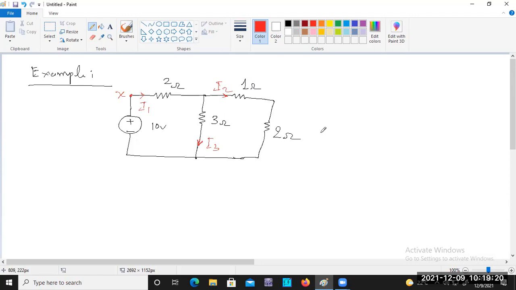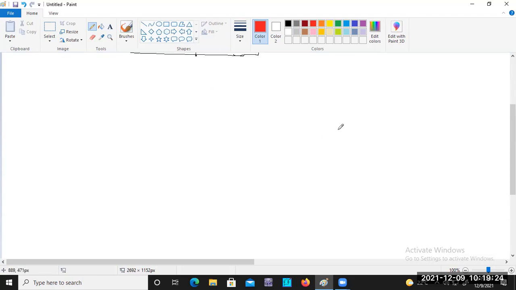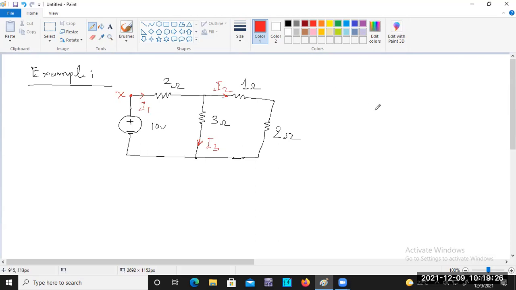Okay, now I am doing step 1. First, the equivalent resistance across this X and Y; this is X and this is Y, and this is A and this is B.